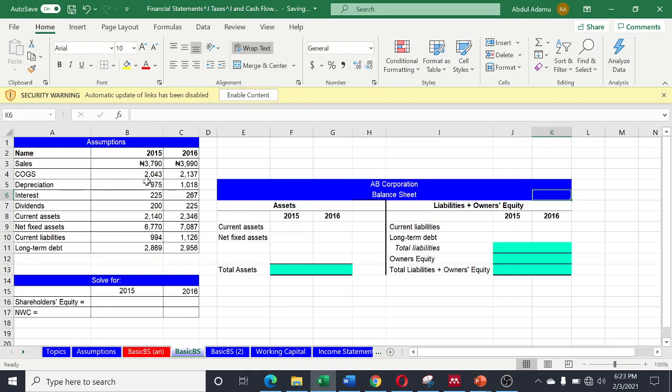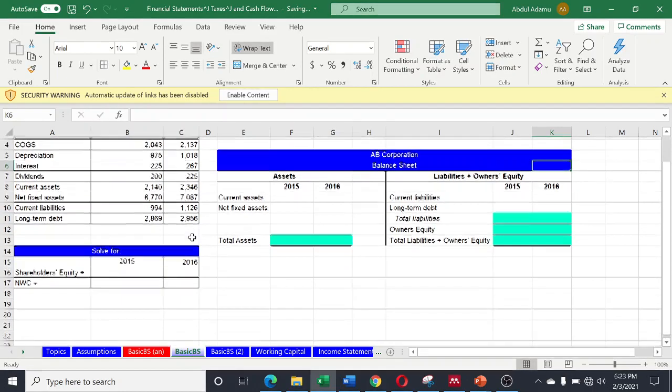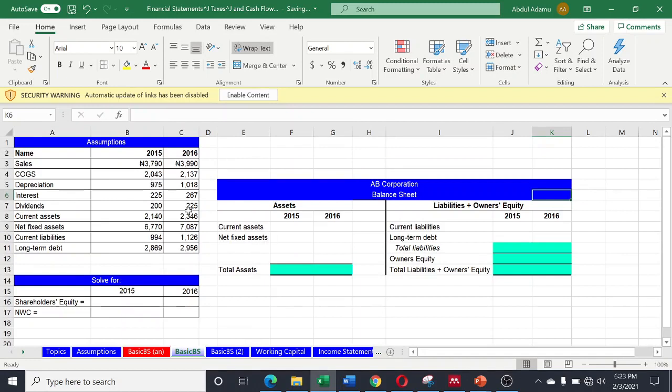Now we want to construct our balance sheet from this assumption. Now on the asset side, we normally start in order of liquidity with current asset. So in 2015, the current asset is 2,140.